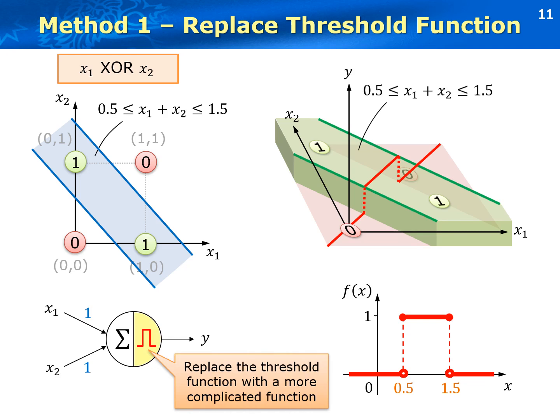It is worth mentioning that the central idea of method 1 is to replace a simple threshold function with a more complicated piecewise function. This method has the advantage of reducing the number of nodes in the neural net, but increases the computational burden for each node due to its growing complexity of the activation function.